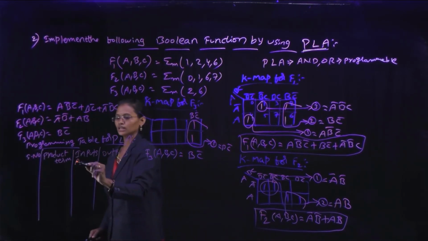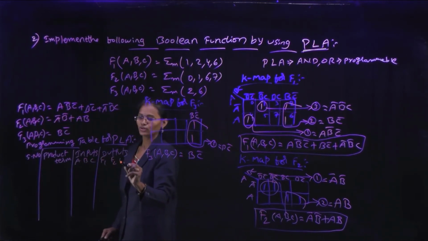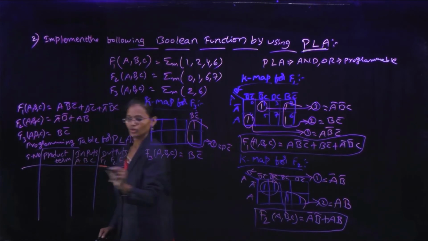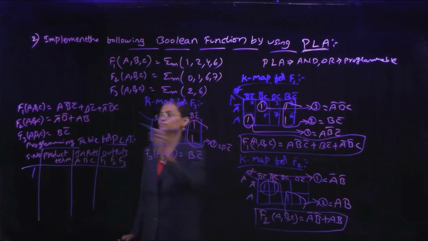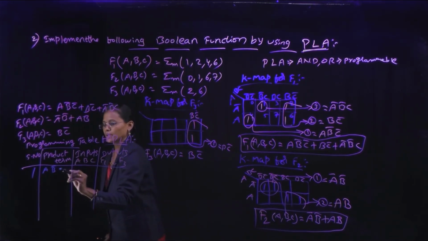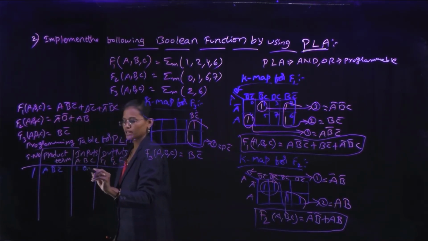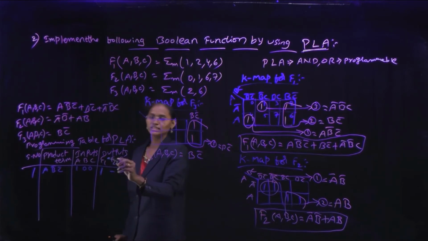Here the inputs are A, B, C, and outputs are F1, F2, F3. In serial number one, the first product term is A B bar C bar. A is 1, B bar is 0, C bar is 0. This is the F1 output, so 1 is assigned to the F1 output.